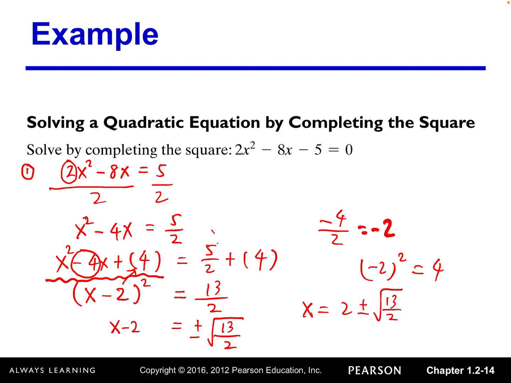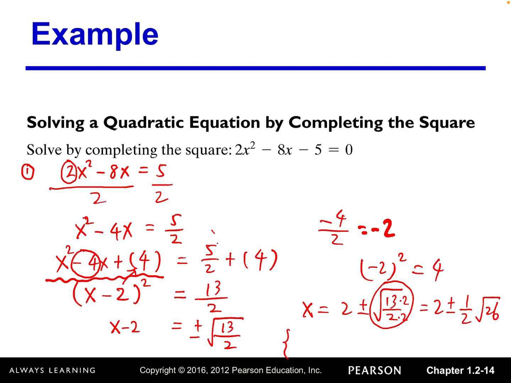But normally we want to rationalize, we don't want to leave any denominator inside of the roots. So that's why we multiply by 2 here, and by 2 here. So that equals 2 plus or minus, we get 2 outside of the square root, so that's 1/2 square root of 26.